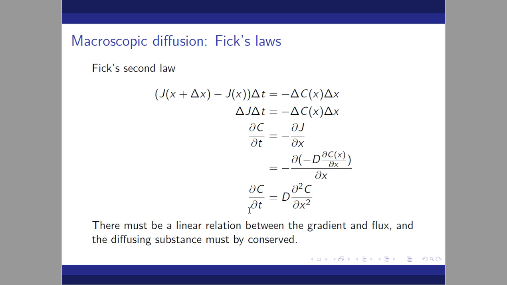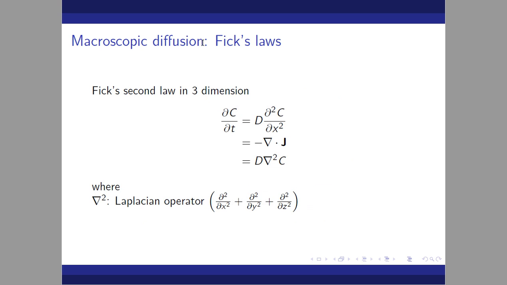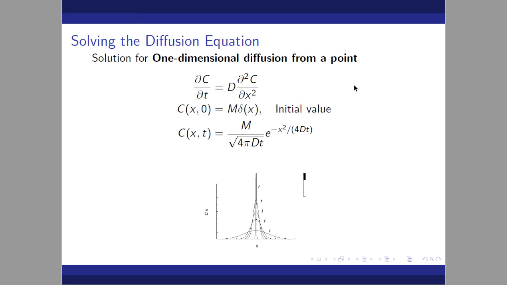So we have this diffusion equation. In three dimensions, it is D nabla squared c, where nabla squared is the Laplacian operator, partial squared over partial x squared plus the y and z terms. So this is the equation from our advanced methods. If we solve this diffusion equation with this initial value, we are going to get this solution.